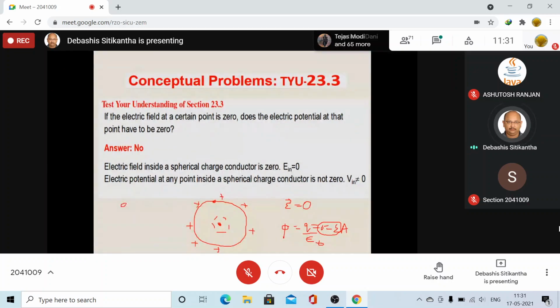On the surface, it is equal to Q by 4 pi epsilon 0 r. So naturally inside also it is going to be the same. Now all these figures are not going to be equal to 0. So naturally the answer is that inside a hollow conducting sphere, the electric field is 0, but the potential is not equal to 0.